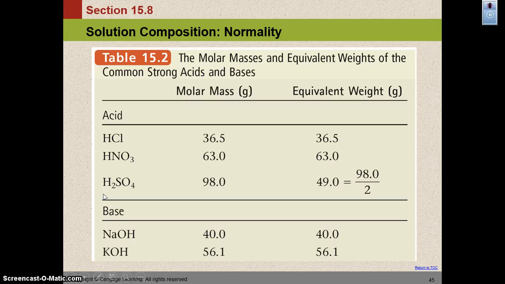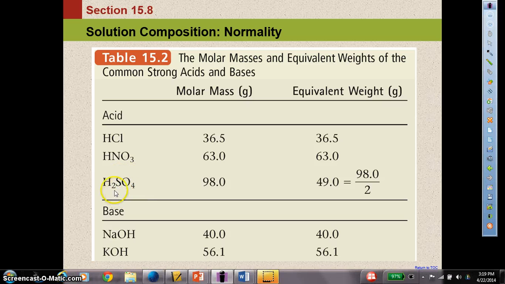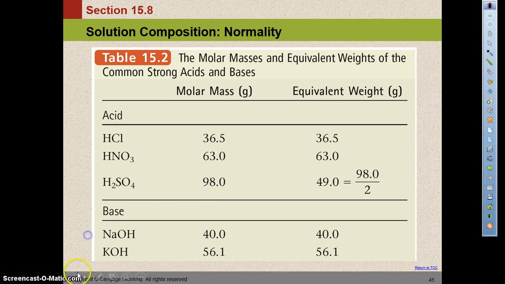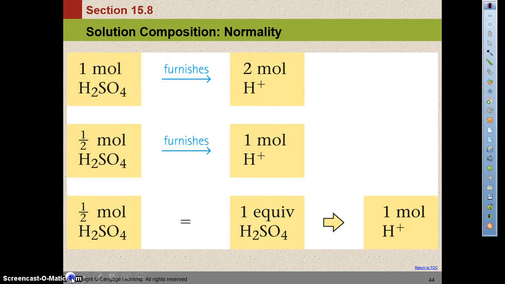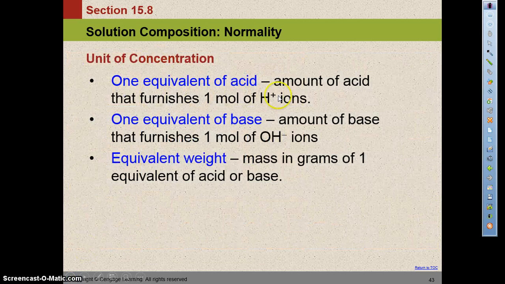H2SO4 is different. We talked about that in the last slide, because H2SO4 has 2 hydrogen ions for every 1 sulfate ion. So if I have 1 mole of H2SO4, I would be given 2 moles of hydrogen ions when it dissociates. The molar mass of the entire compound is 98, but remember that the equivalent is the amount of acid that furnishes 1 mole of hydrogen ions.